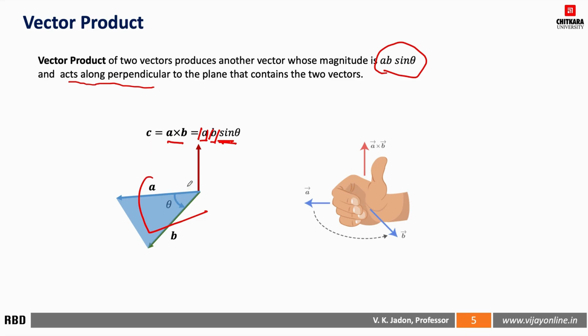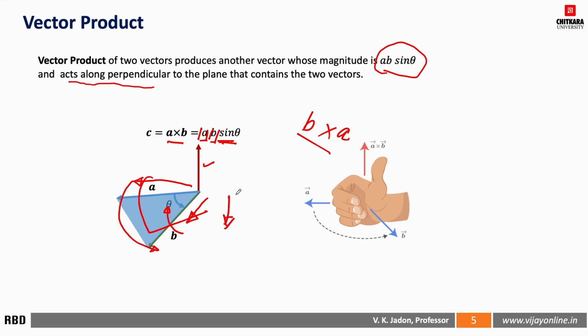If you put your fingers along vector A and then curl your fingers towards vector B, then the direction of the thumb will give you the direction of the third vector, that is C, that is A cross B. So if we take B cross A and use the right hand rule, we have to align our fingers along the direction of vector B, and then bend our fingers towards A, and then the thumb will go down, that you can try.